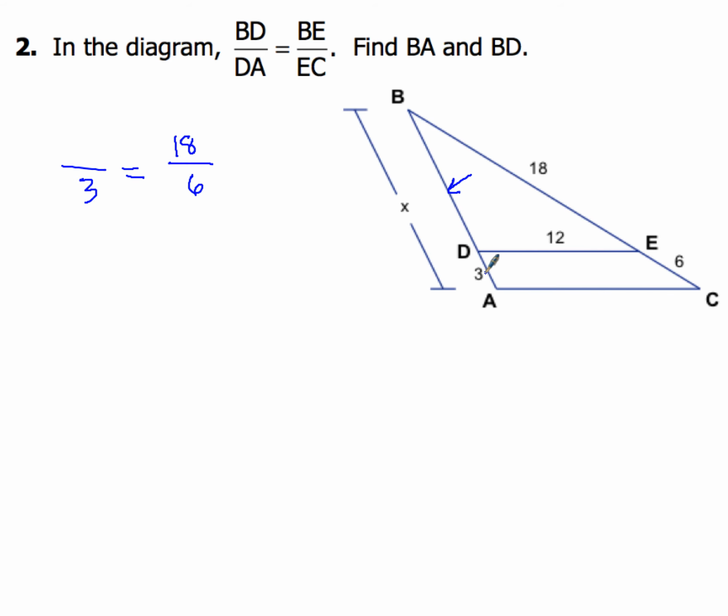I don't know how long the one piece is, but I know the other piece is 3. So I could use this expression and say that's X minus 3 for the length of BD. Once I know that, from here, there's the cross product property. So I'm going to multiply these two together, 3 times 18. All right, that's pretty straightforward.